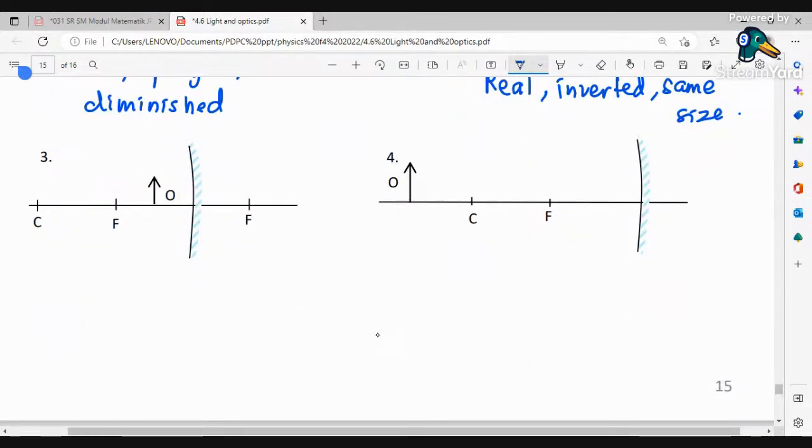Okay, let's look at concave again with several distances. This is U less than F. According to the table I made, which you memorized earlier, U less than F gives virtual, upright, magnified. Right? Let's check first. Parallel to the principal axis, reflect through F. If a ray is directed at 90 degrees to the mirror, it passes through C, so it will reflect like this.